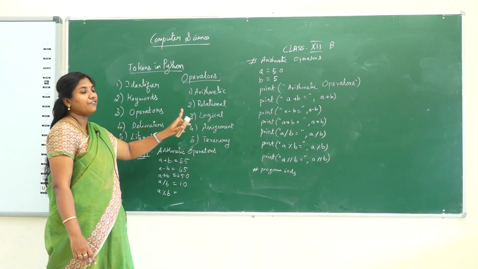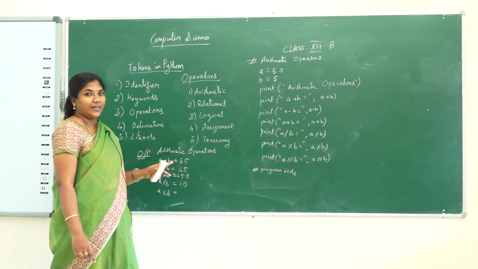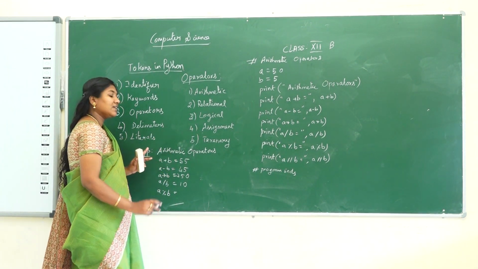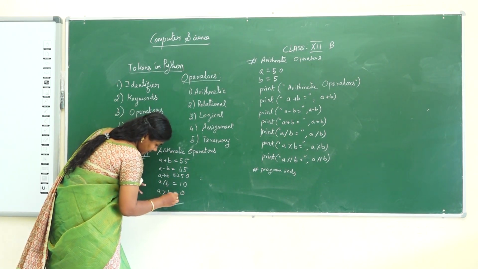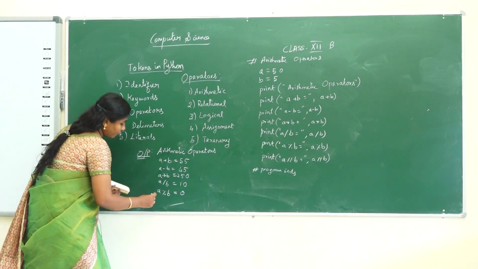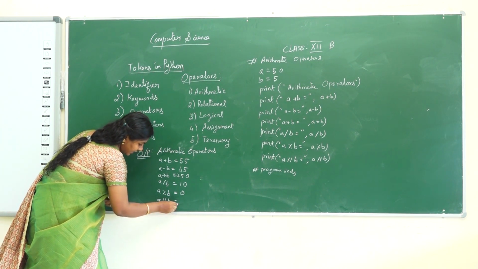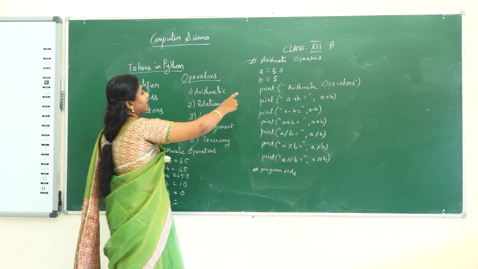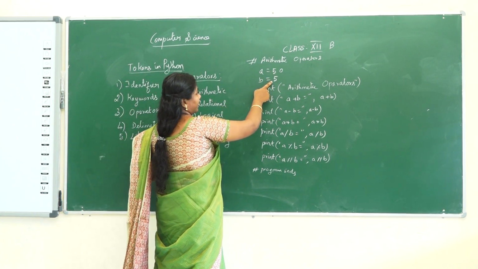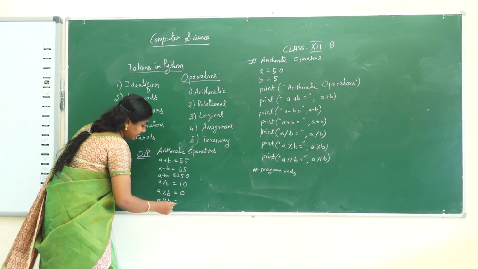When you are dividing 50 by 5, what will be the remainder? The remainder will be 0. And next one, A floor division B, double slash. I am dividing 50 by 5, what will be the value? The same thing, I have 10.